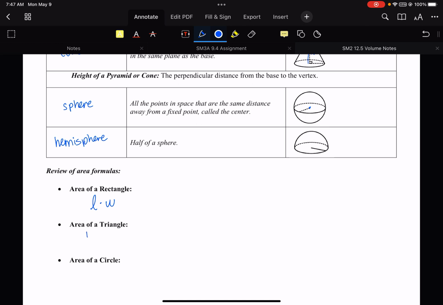The area of a triangle is 1/2 times the base times the height. And the area of a circle, this one we already reviewed during 12.3, is pi r squared. Remember, area tells you how many square inches are inside of a shape. We're looking at volume now, so now we're going to make it 3-dimensional.